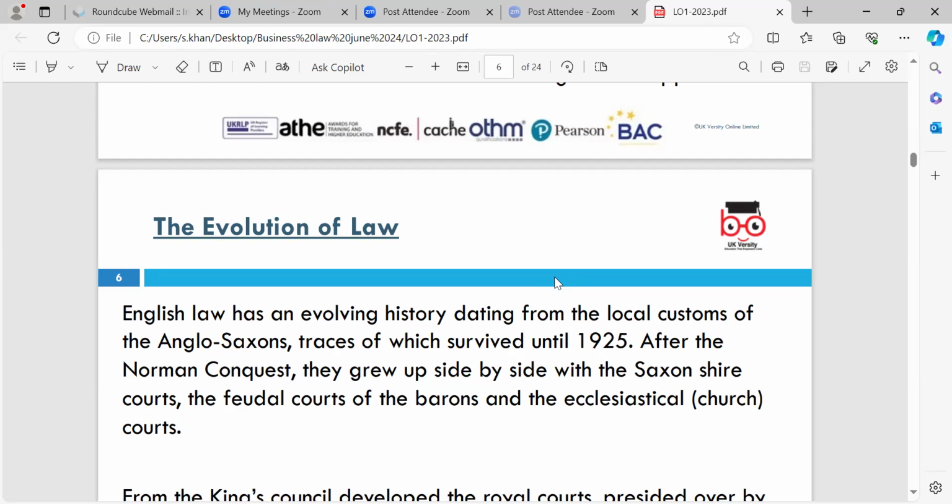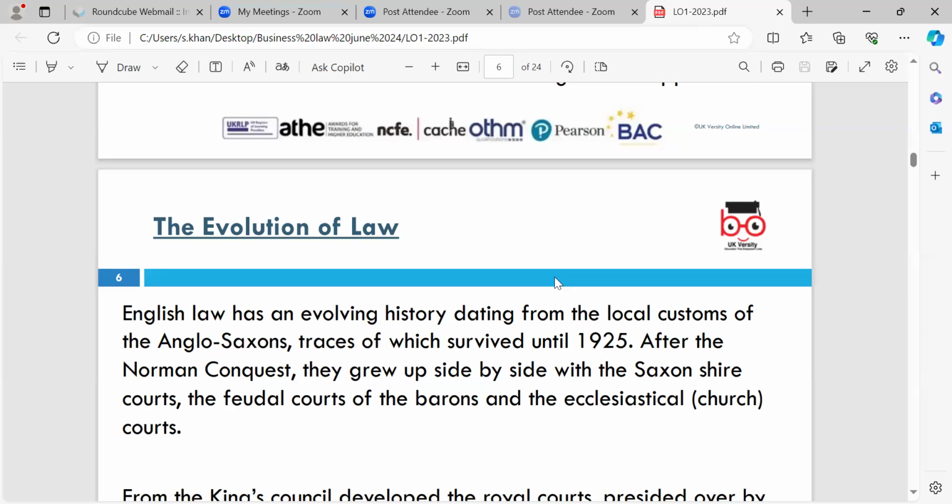He sowed the seeds of the justice system we have today by creating local juries of 12 knights. At that time, their job was to resolve disputes related to things like land ownership and any sort of disputes between land.